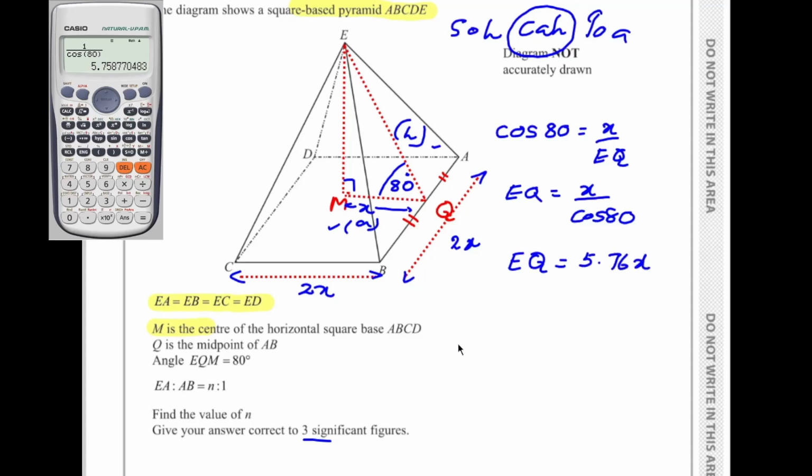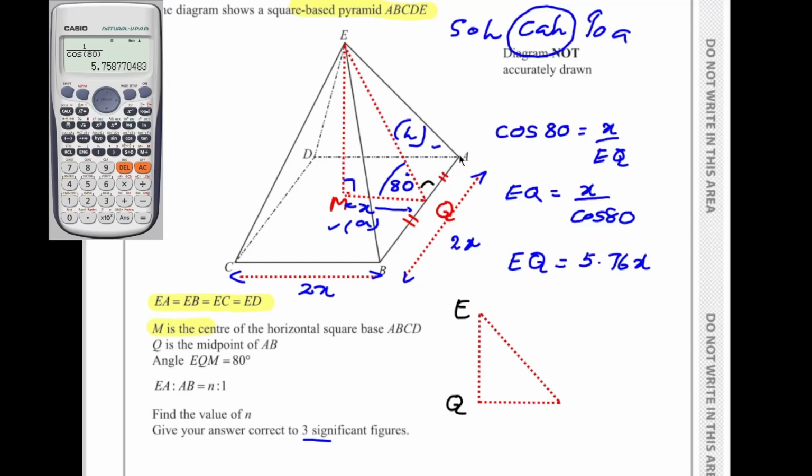Now we have EQ. Since we have EQ, if we consider this triangle, EAQ, I'm going to draw that one. EAQ, so this is E, this is Q. So this is the angle which is 90 degrees.